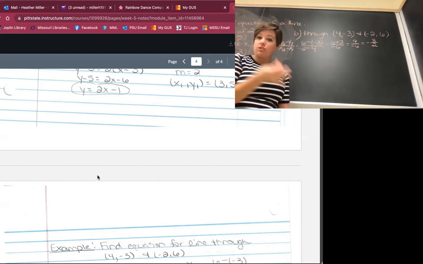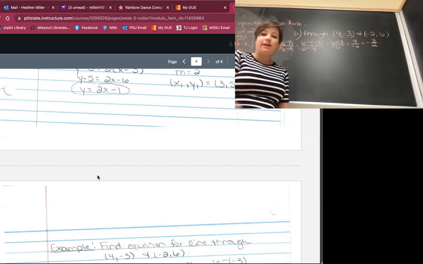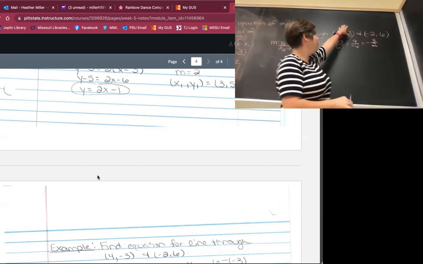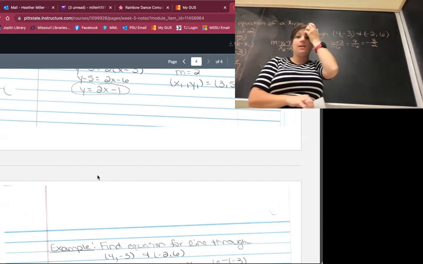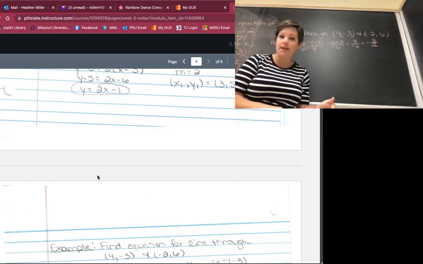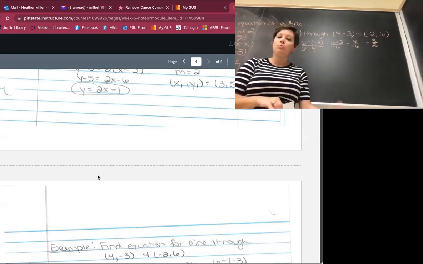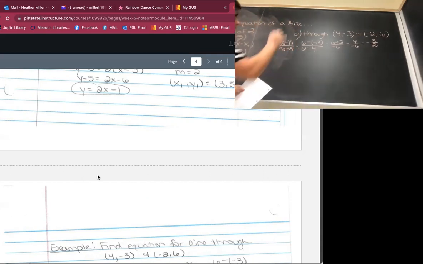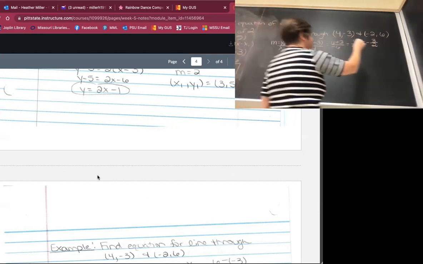So now I have the slope and I have 2 points, but I only need 1 point. So you just pick one. You can either do (4, -3) or (-2, 6). It does not matter which one you pick. Mathematically, at the end, you will get the same conclusion as long as you've done your math correctly. So I'm going to choose point number 2.